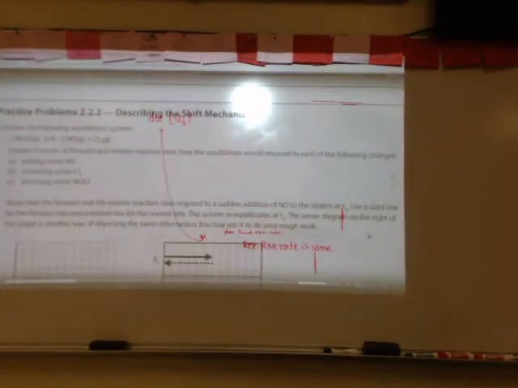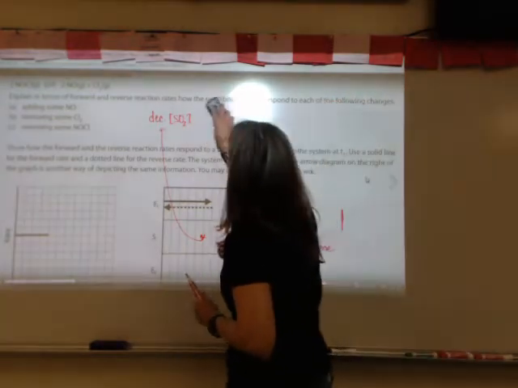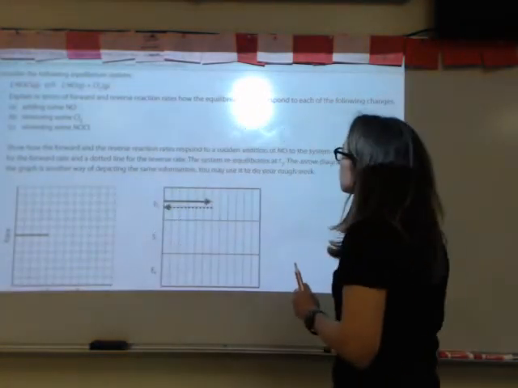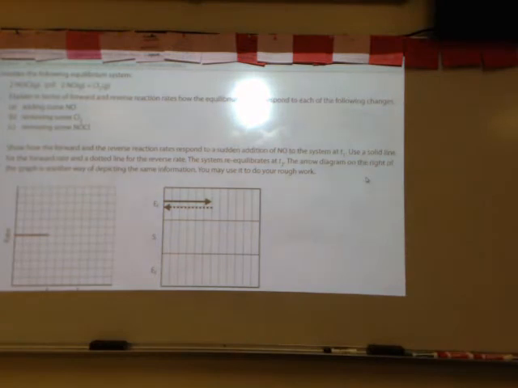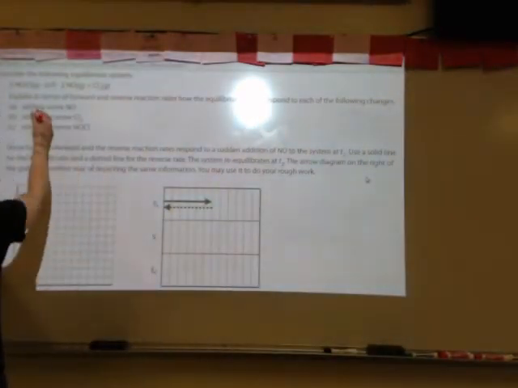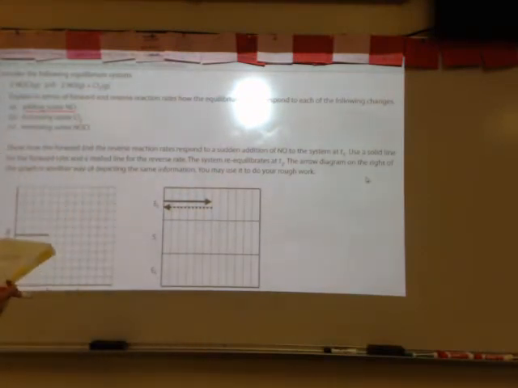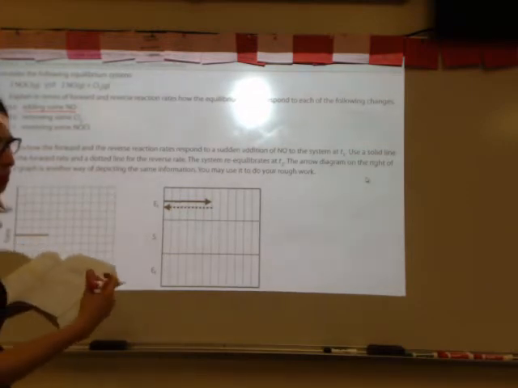Let's take a look here at the practice problems. Consider the following equilibrium system. Explain in terms of forward and reverse reaction rates how the equilibrium would respond to each of the following changes. First one, adding some NO. So if you increase the concentration of NO, which is a product, we need to consume some of it.